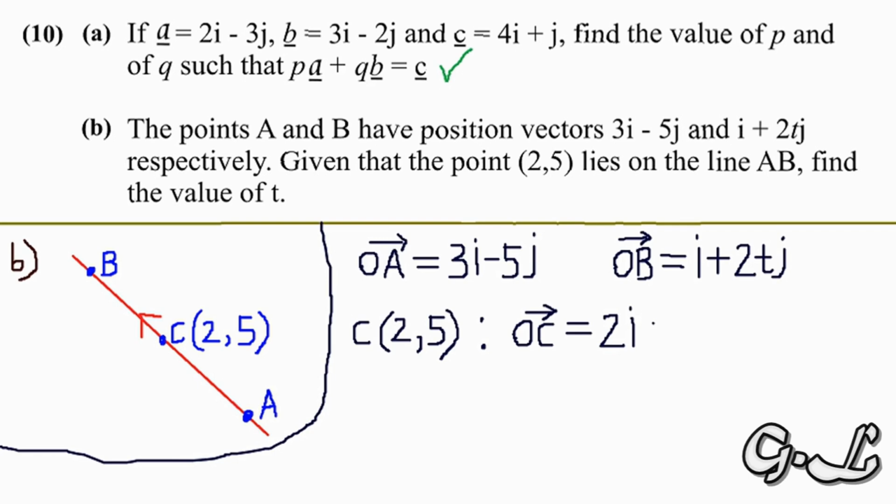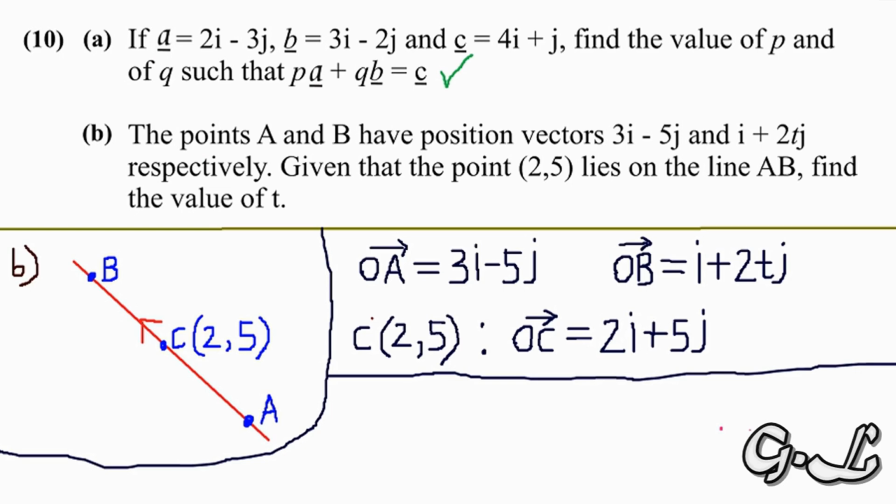If you're converting from coordinate form to vector form, the x-coordinate is the one which is combined with the i, and then the y-coordinate is combined with the j. So this is how we convert this to the position vector form.